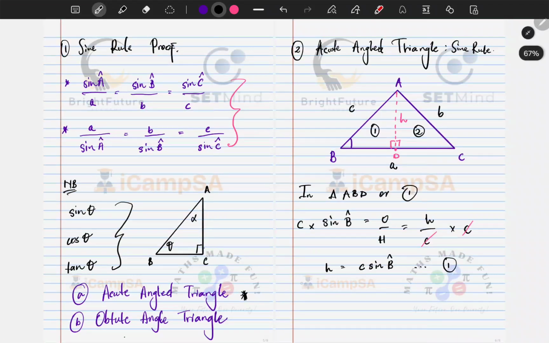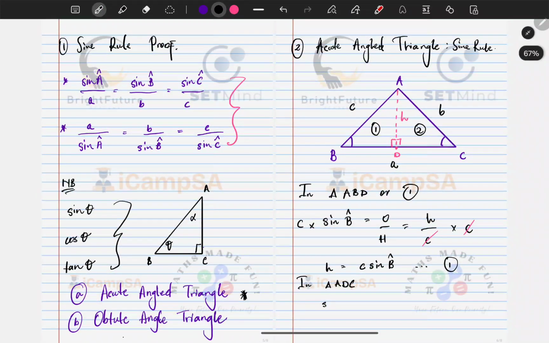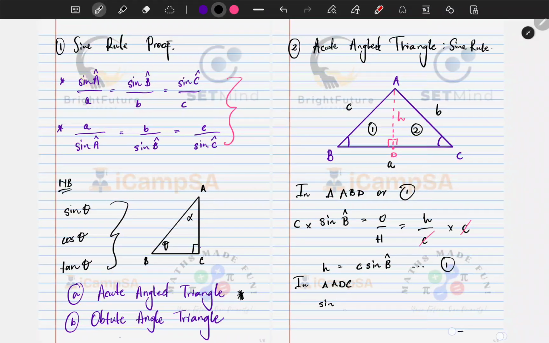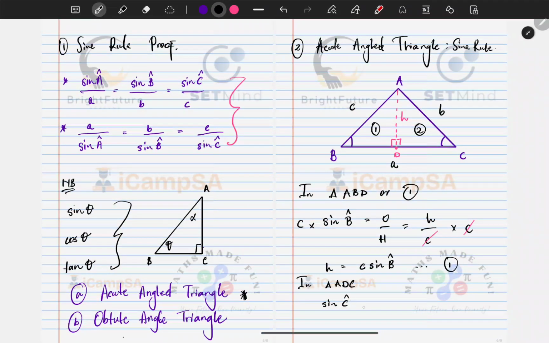Now I'm going to apply the same thing on triangle 2, right? So in triangle ADC, this is the angle I'm going to be dealing with. So sine of angle C equals the same thing, opposite over hypotenuse.